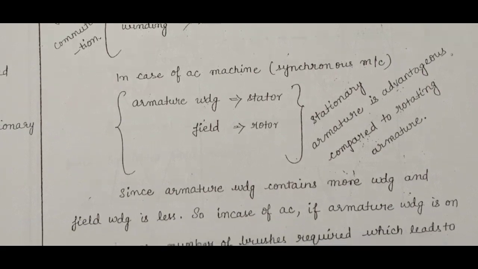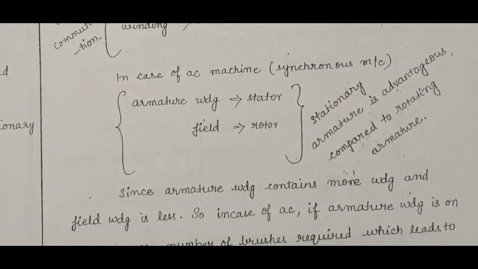A stationary armature is an advantage compared to a rotating armature, because in an AC machine the armature winding is on the stator, which is a stationary part.